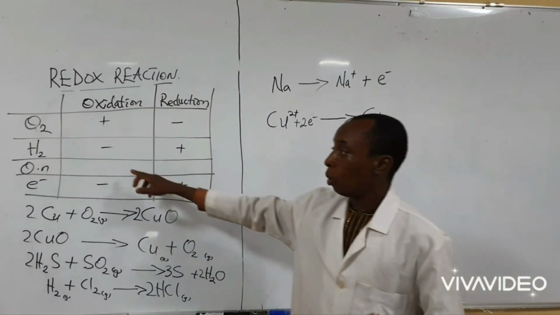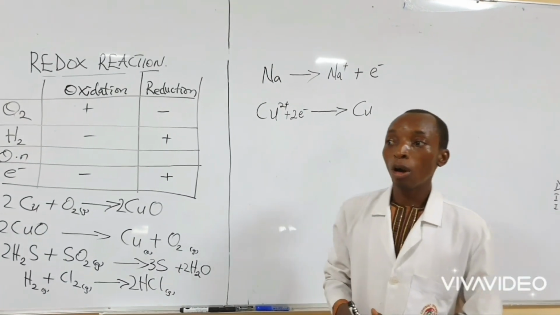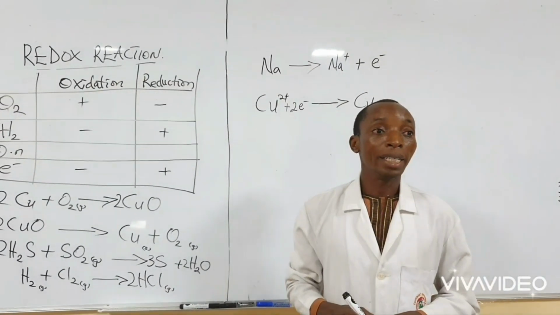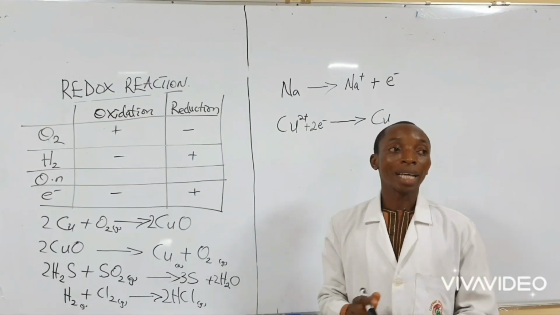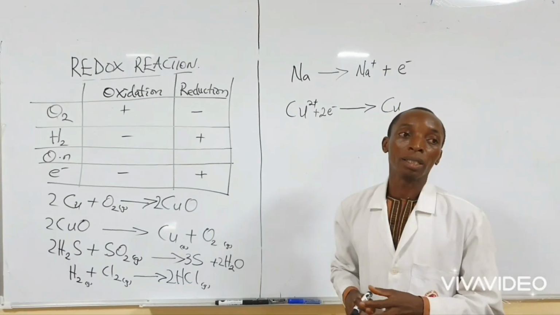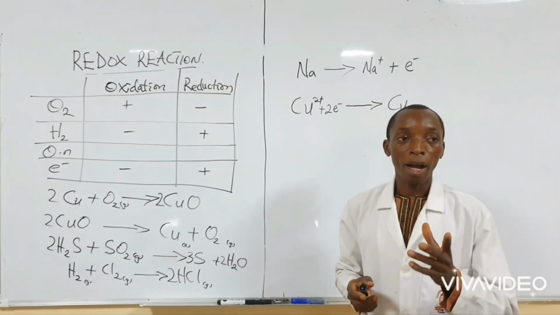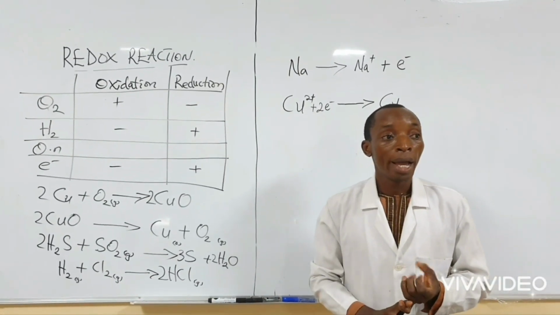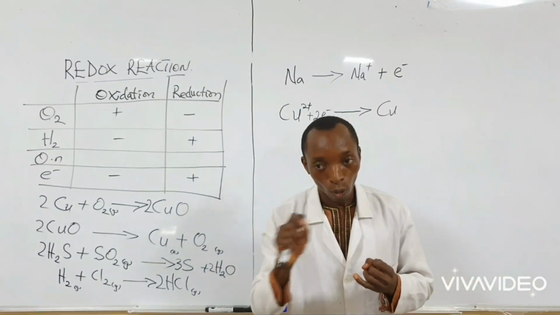Yes, back to oxidation number. In our last class, we discussed what oxidation number is and the rules to follow in assigning oxidation number to any atom or compound or substance in a reaction. If you still remember, one of the rules says any unbonded atom has oxidation state of 0.